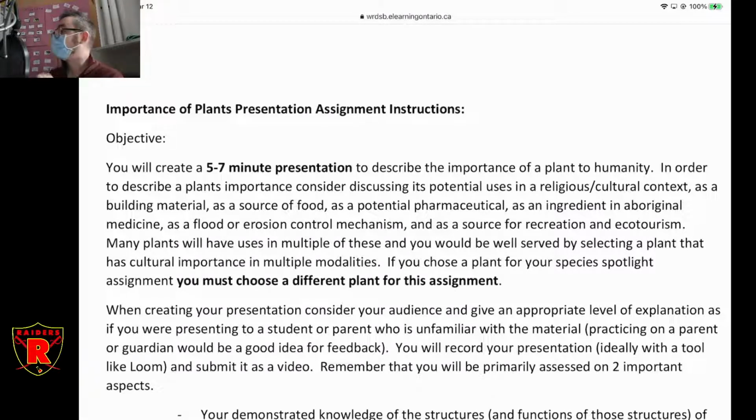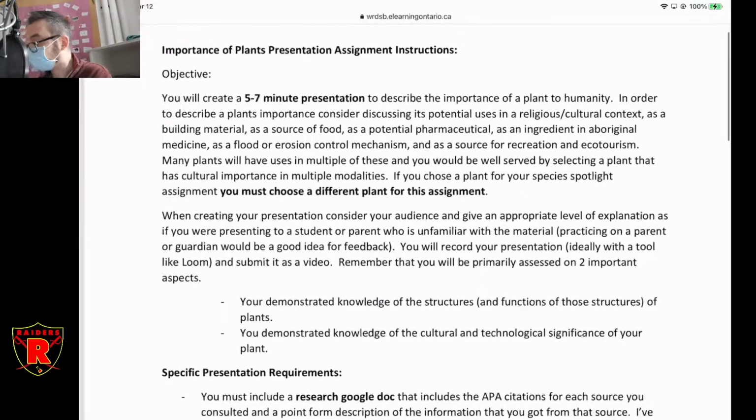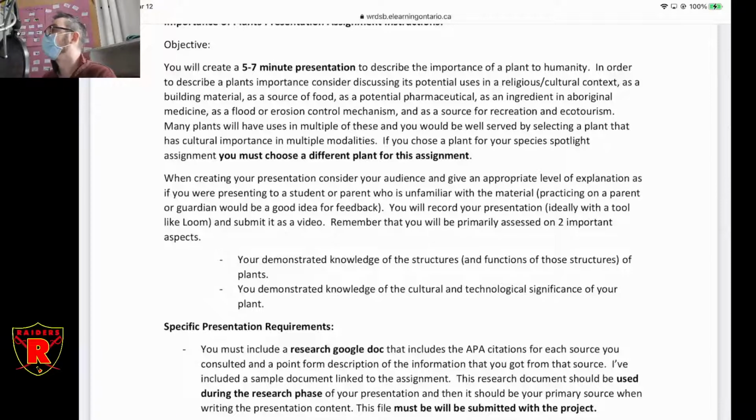Okay? Ideally, in order to round your presentation out and make it a little bit interesting, try and pick a plant species that is important in more than one of those ways, so you have something to talk about. Someone did a lovely presentation in another quad about roses. That's fine. But outside of their cultural significance, roses don't really have a huge societal use.